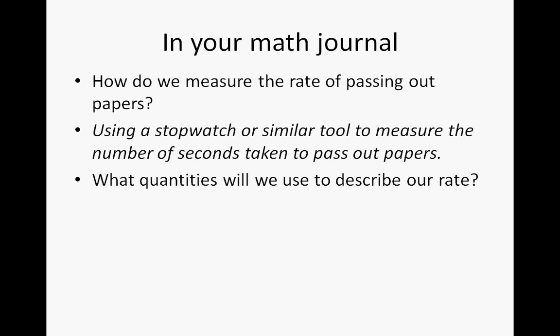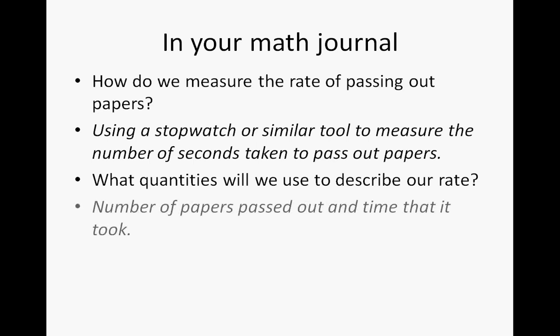Think about that. If we're passing out papers and we want to know how fast we are at doing it, what is the other part of the rate? It is the number of papers passed out and the time that it takes. So how many papers, and what time does it take to pass those out?